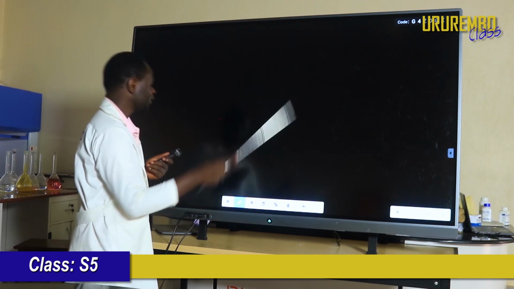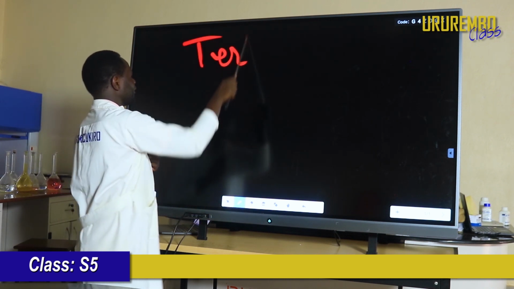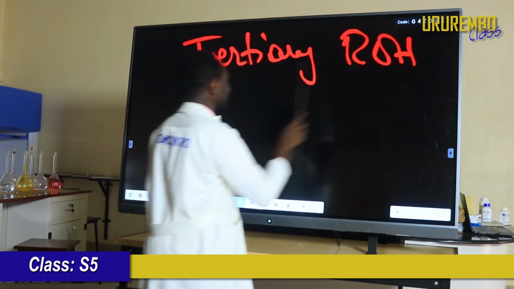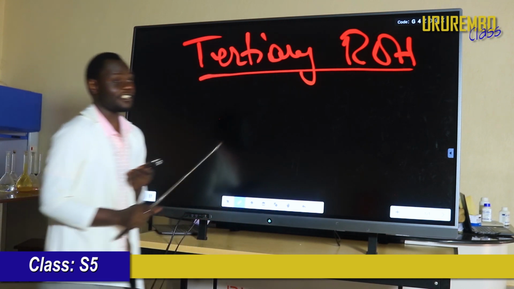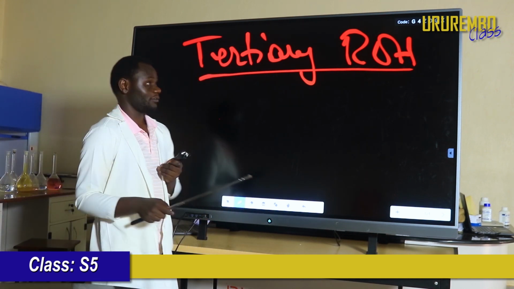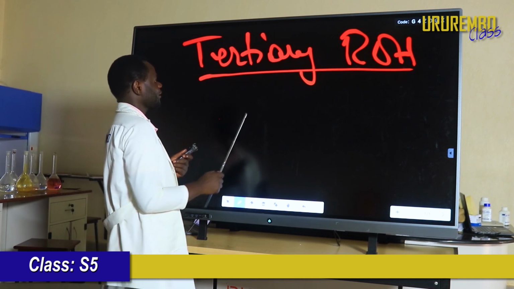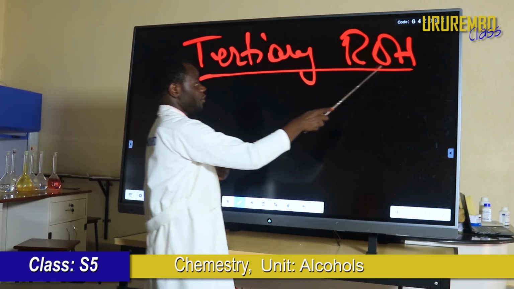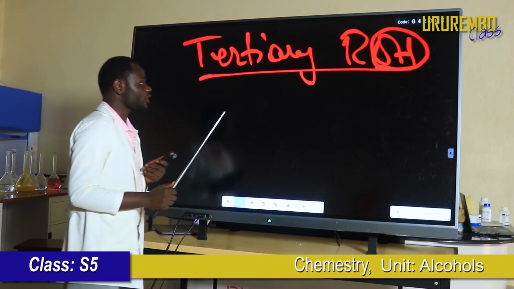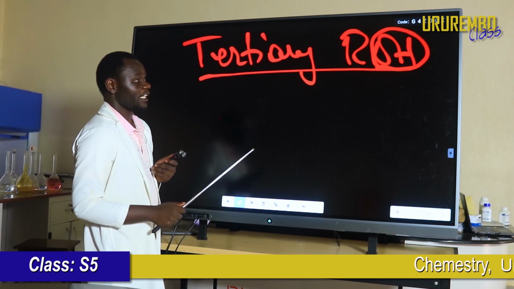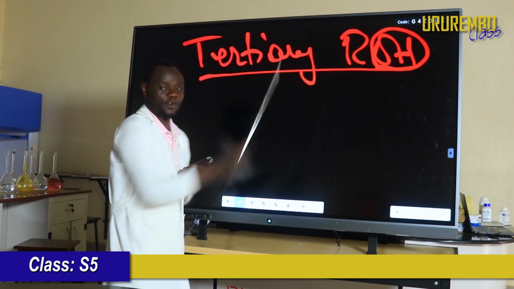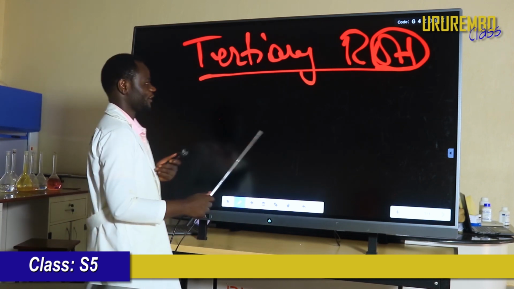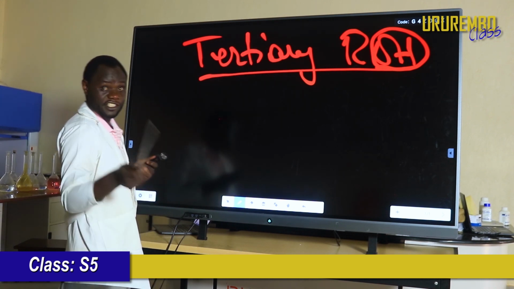Lastly, we are going to see tertiary alcohol. This tertiary alcohol is the last category of alcohol. As I said, alcohols are characterized by the OH group. In tertiary alcohol, the carbon carrying this OH group is directly attached to three other carbons. So the structure of tertiary alcohol is this one.